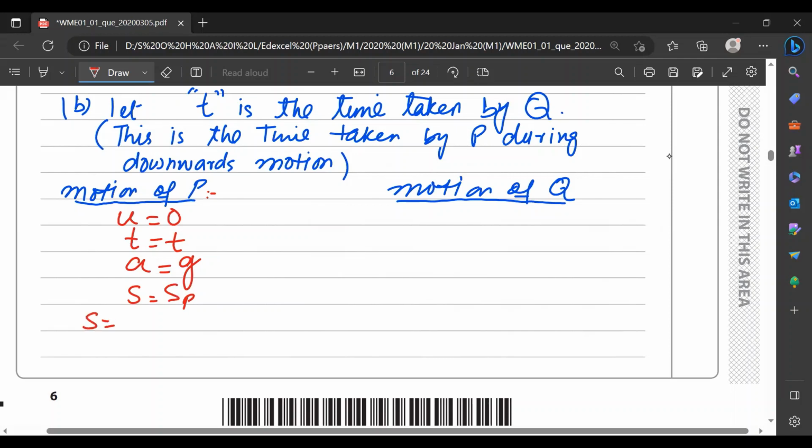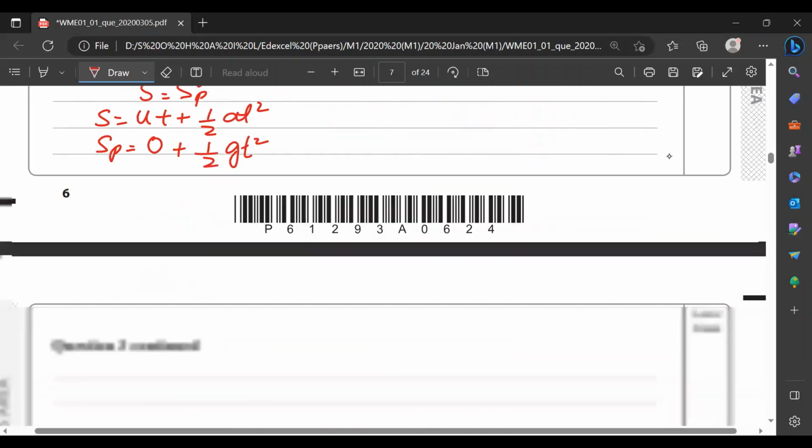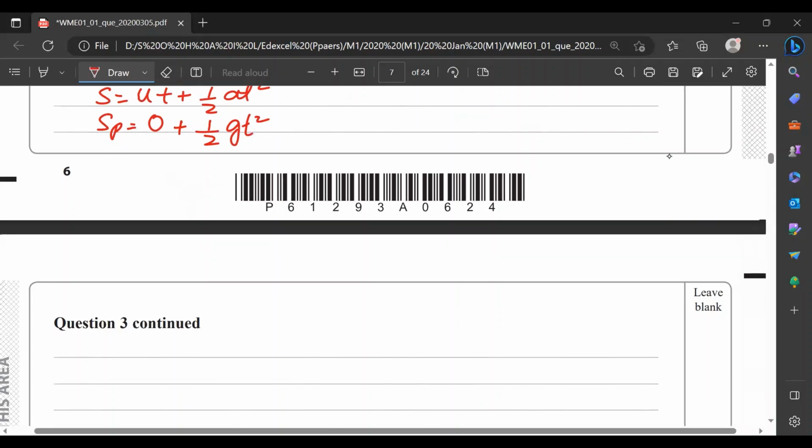So S equals ut plus half at square. SP is equal to 0 plus 1 over 2 gt square, or SP is equal to 1 over 2 gt square.